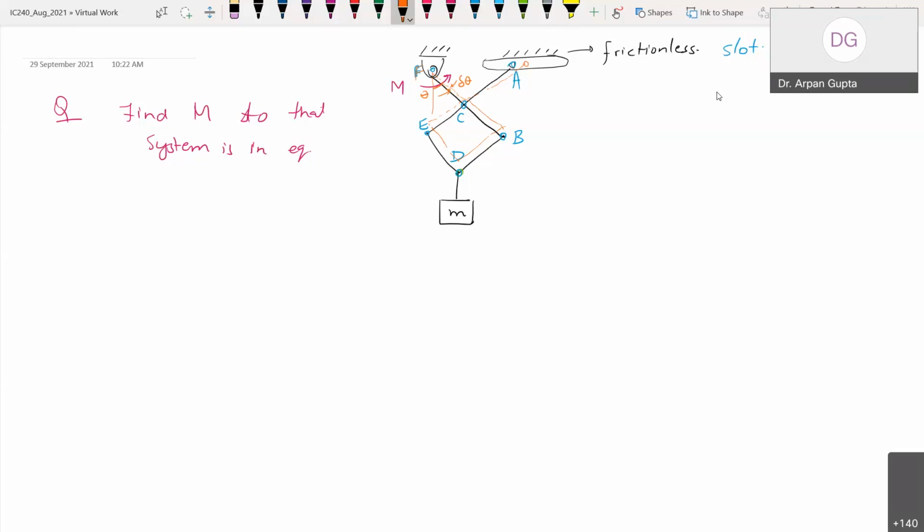Now we have only two external forces. One is the moment and another is the weight mg. So we'll say the virtual work by all forces should be equal to 0. That is the principle of virtual work. The first one is m times delta theta, which we can write very directly, plus the second virtual work, which is mg times the displacement delta xD.